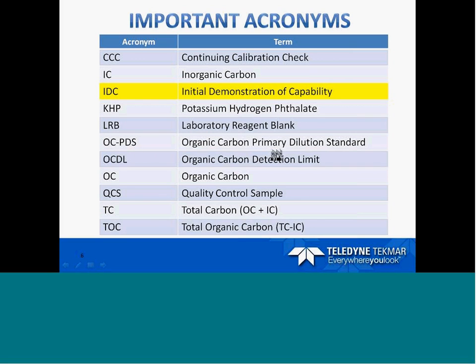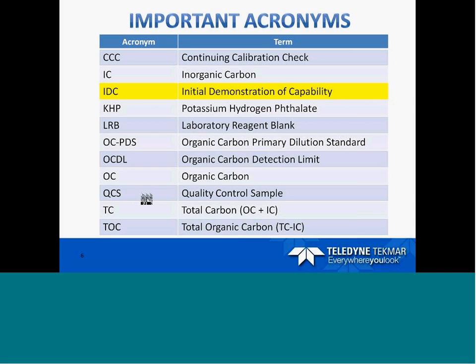Some next ones. Organic carbon primary dilution standard. We're going to go into each one of these in a little more detail. Carbon detection limit. QCS, the quality control sample. A quality control sample is usually a calibration verification standard in a certain range.